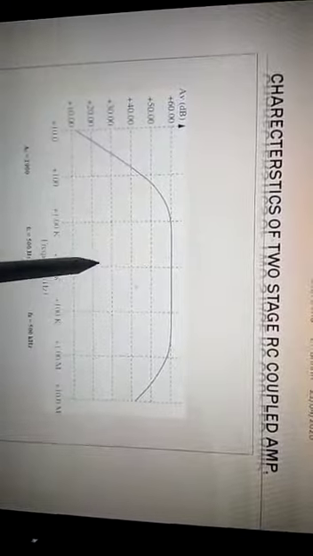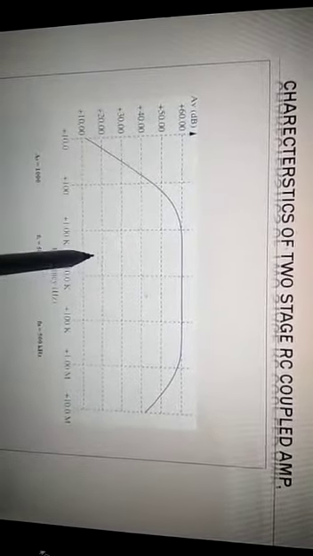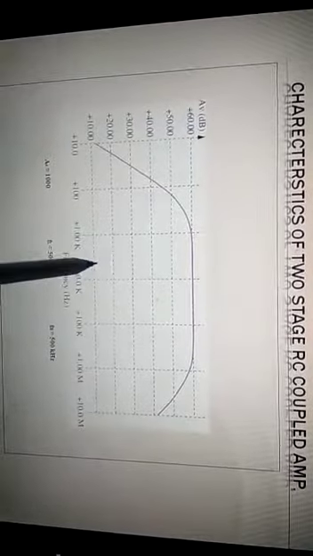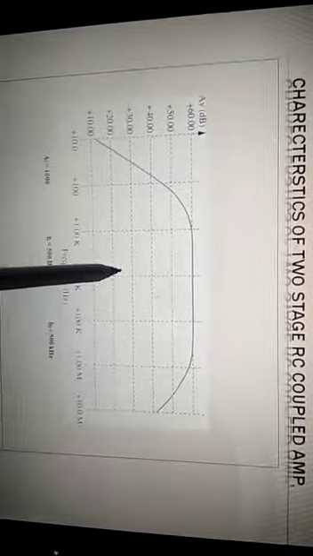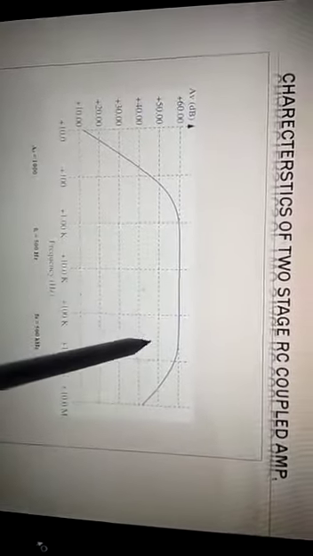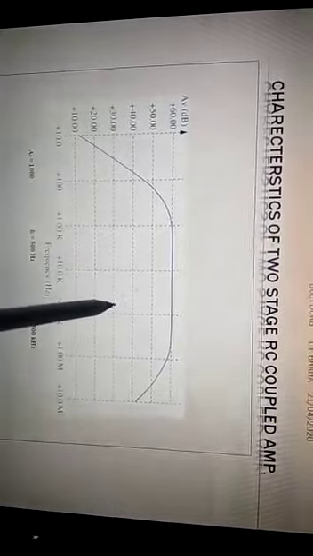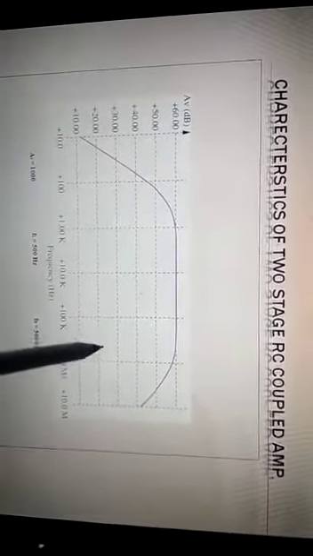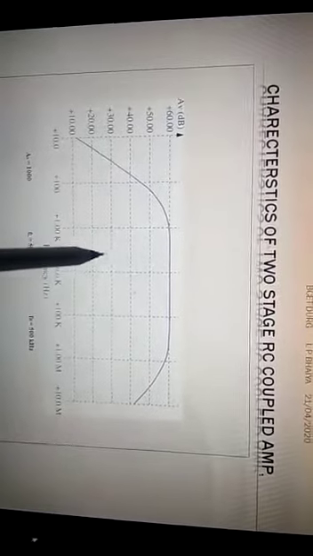This characteristic in an RC coupled stage is obtained either in 2 cascaded stages or in 3 cascaded stages to get better bandwidth and better amplification. So in RC coupled amplifiers, this type of characteristic is important to get the large bandwidth.